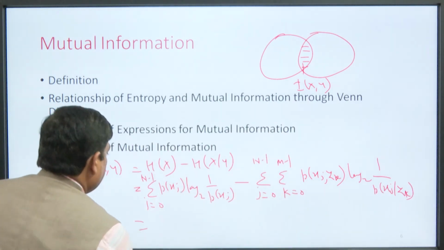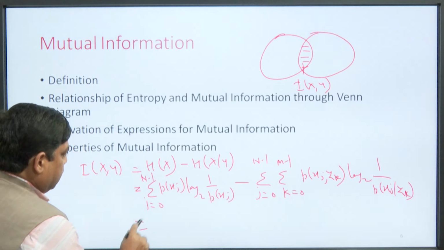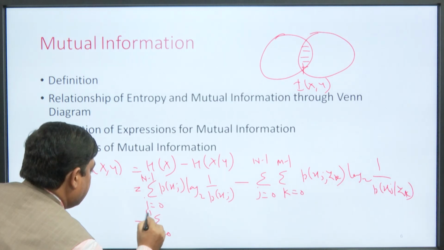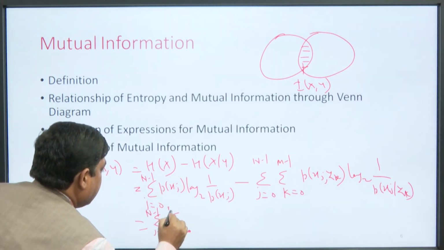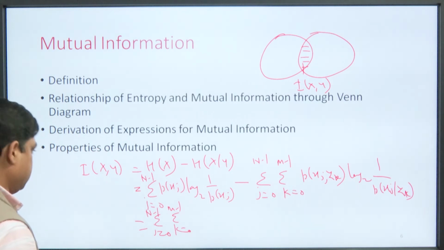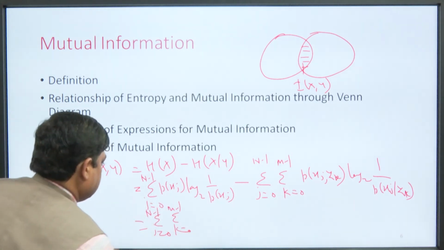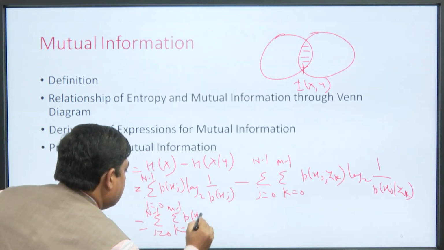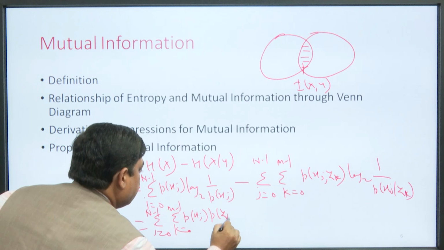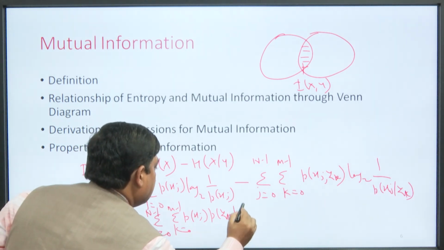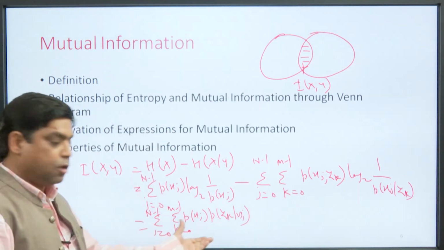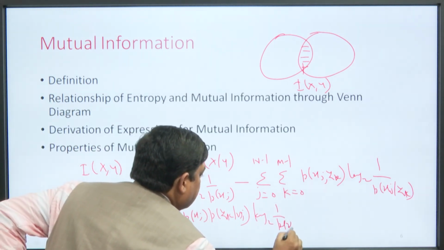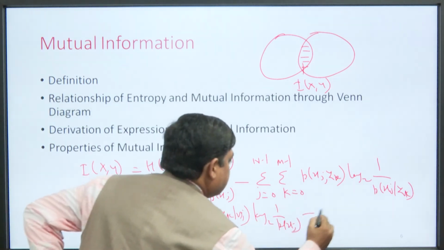Okay. If we take this p(x_j), this can be written as double summation, that is the 1, then it can be written as p(x_j) into p(y_k upon x_j), because summation over k of p(y_k upon x_j) is 1, into log of base 2 1 upon p(x_j), minus this thing.